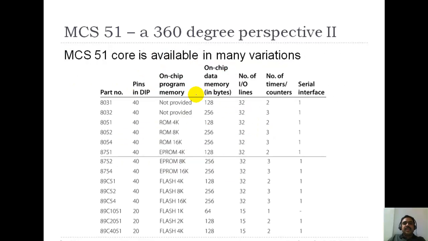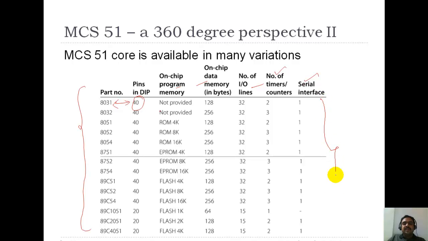Now this particular table, what you see on the slide, talks about the history or the evolution of the current 89C51s we are using. So these are the forefathers of all that has been developed of late. How many pins it has, what kind of on-chip memory, on-chip data memory or program memory, number of IO lines, number of timers, what kind of serial interface, whether it has one or not.